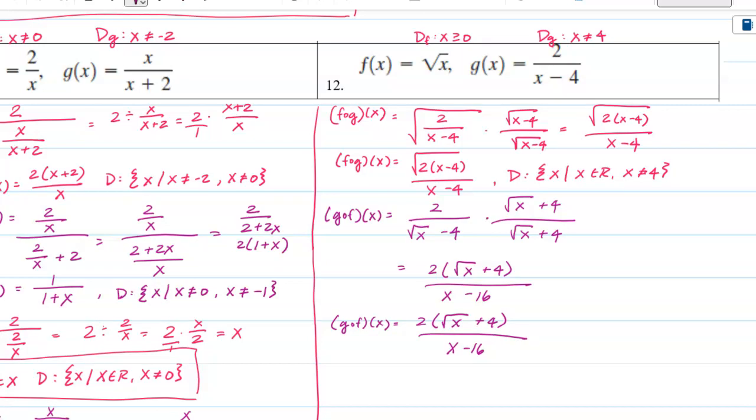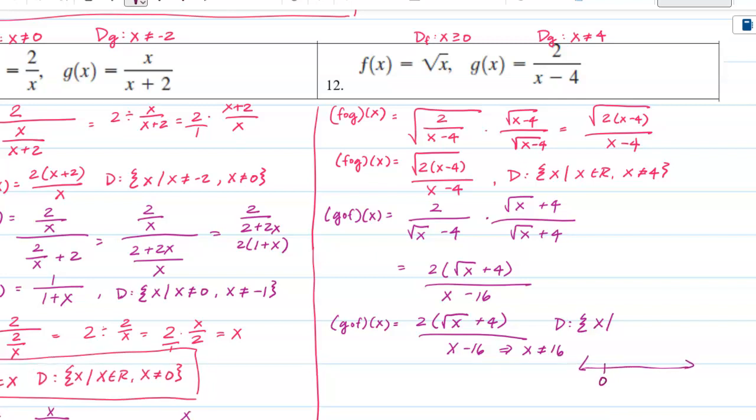Let's see. So the domain of the function, the input function was f, so x is greater than or equal to 0, all real numbers. It can't be equal to 16. Hold on. This implies that x cannot equal 16. So yes, it could be all the numbers that are greater than or equal to 0.